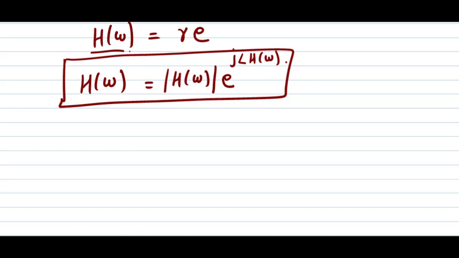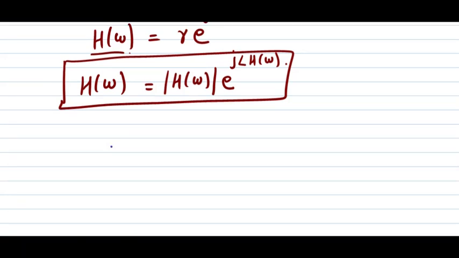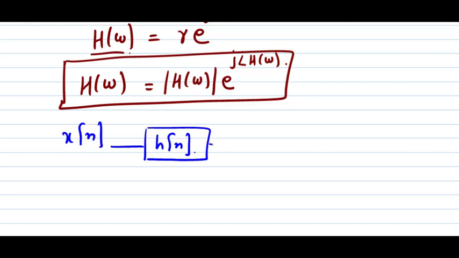We know that if we have a system represented by its impulse response h of n, and we give input x of n to this system, we get output y of n.